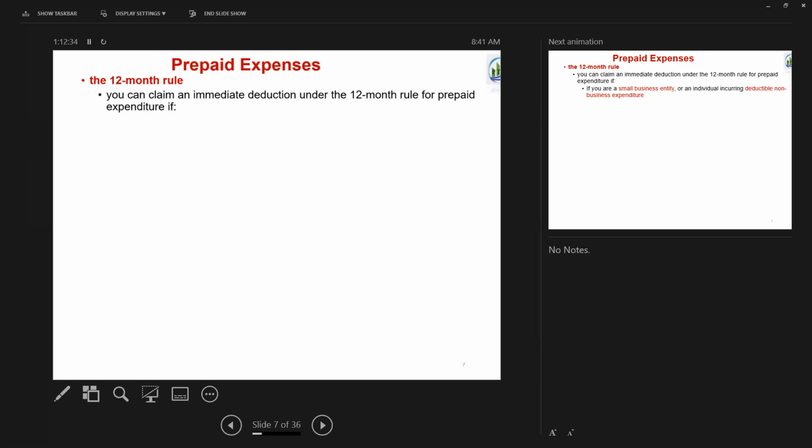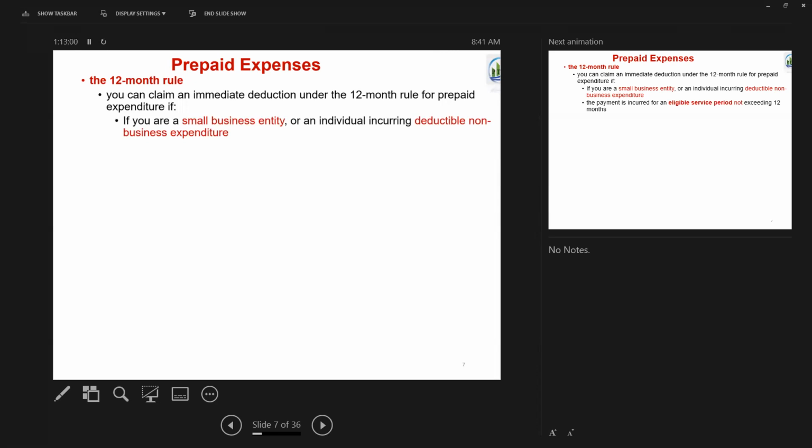But the 12-month rule says you can deduct the prepaid expenses if you satisfy two conditions. What are the two conditions? You should be a small business entity, or you should be an individual and that particular expense will be non-business expenditure. We should understand both: what is the non-business expenditure and what is the small business entity?